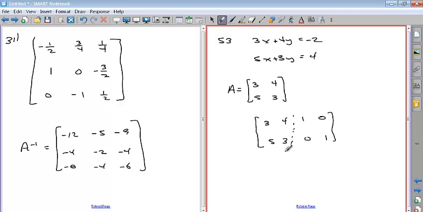And then what we want to do is make this into the identity matrix. So the first thing I'm going to do is divide everything in the first row by 3. Like that.